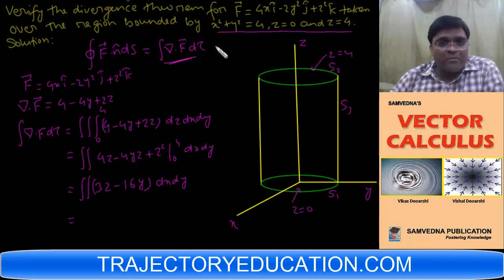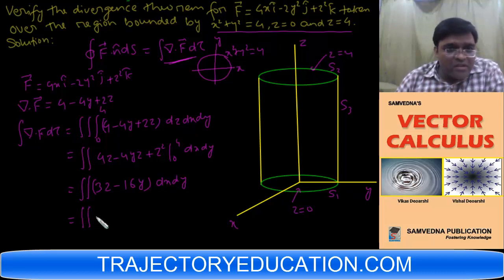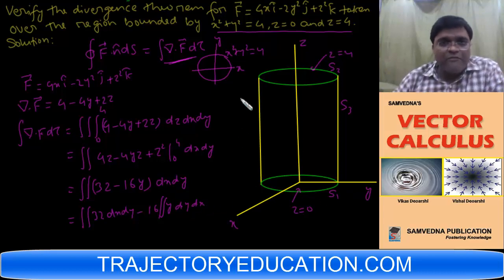And what is that projection? That projection is simply the region enclosed by the circle x square plus y square equals 4. So I can say this is 32 dx dy minus 16 y dy dx. What is the limit of y?